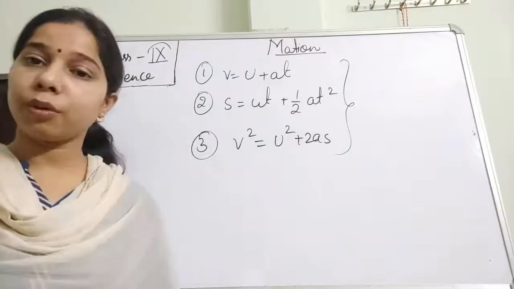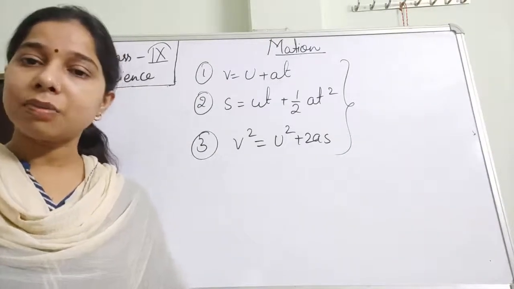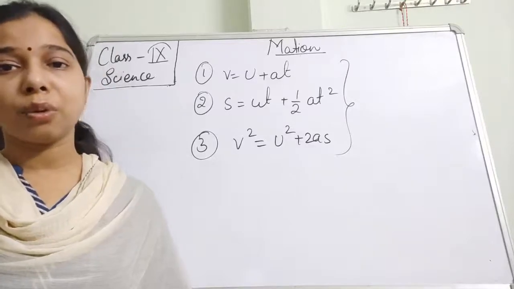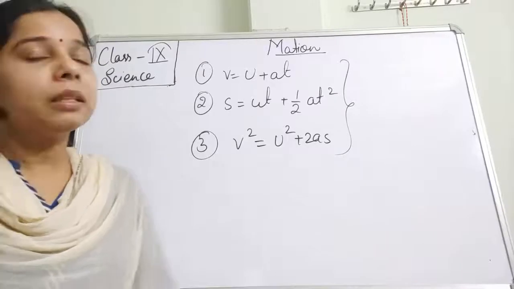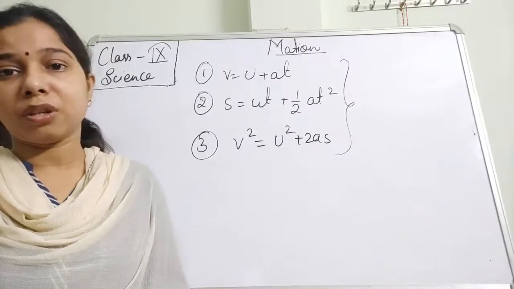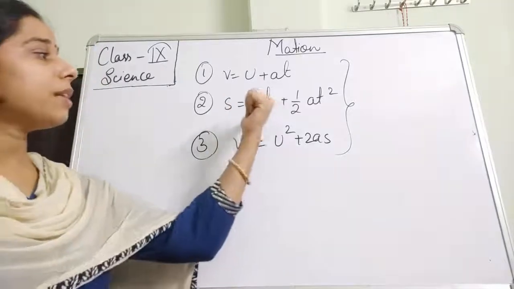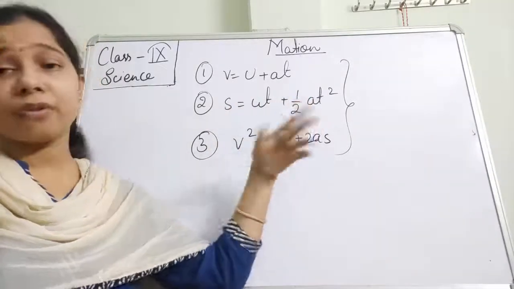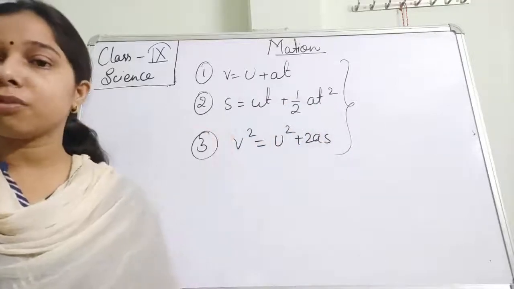Now, whenever we are going to solve a question, students, the numericals are based on all the three equations of motion. So we have to see what things are given in that particular question. If S is given, U is given, T is given, and we have to find the acceleration, obviously we will use the second equation of motion.